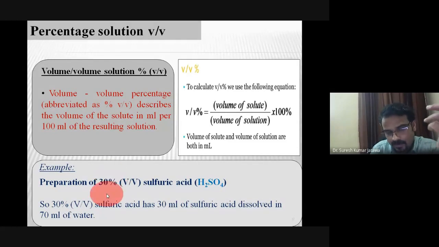And when you subtract 30 ml from 100 total, it becomes 70 ml. So 30 ml is your solute dissolved in 70 ml of your solvent. It becomes a total of 100 ml. Then the 100 ml resulting solution is your 30% volume by volume sulfuric acid.